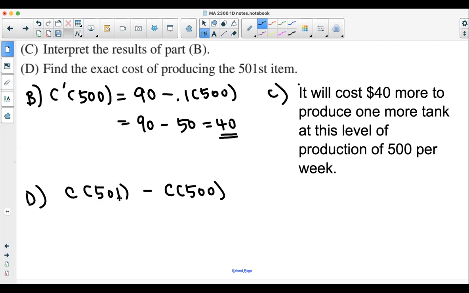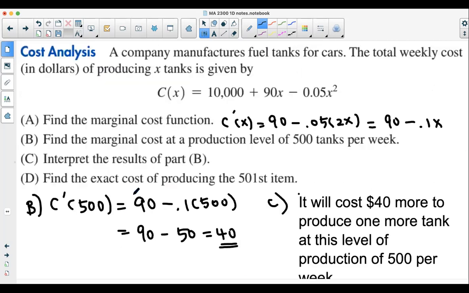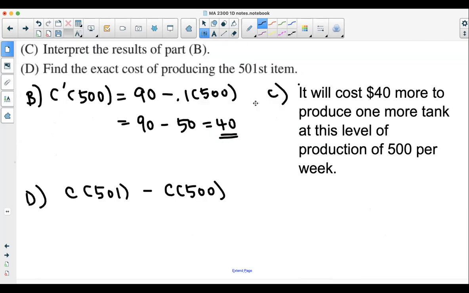C sub 501 is, in this case, I'm just going to plug in 501 here. 10,000 plus 90 times 501, and then minus 0.05 times 501 squared.